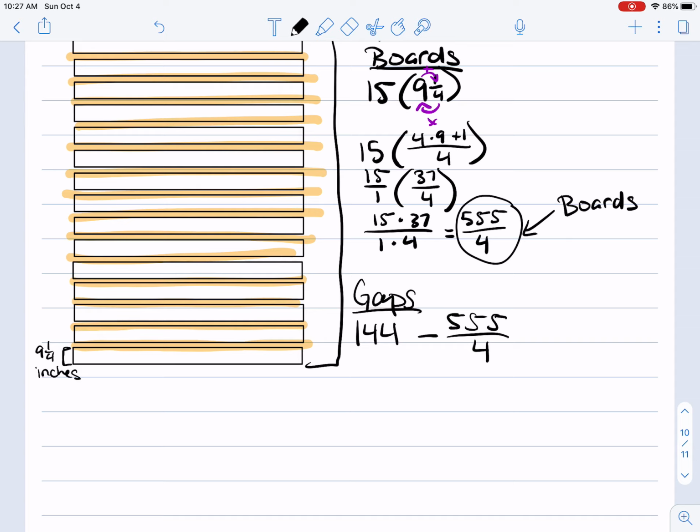And so I'm going to need to change my whole number to a fraction. And then I'm going to find common denominators. And the best way to do that is to just multiply this first one by 4 on the top and the bottom.